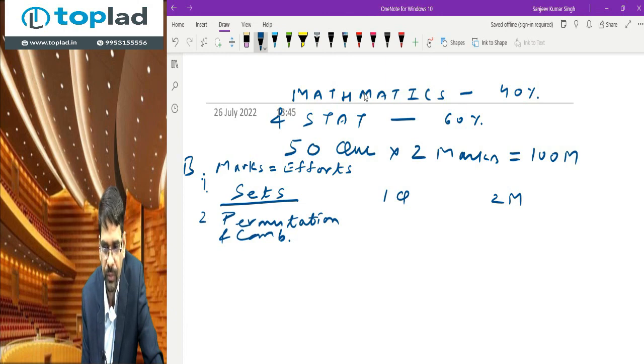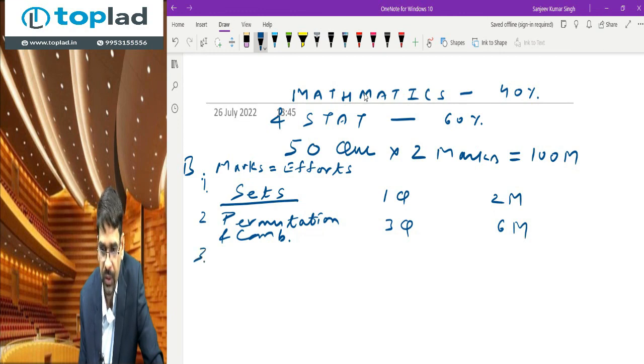From this chapter, our institute asks around 3 questions, which means 6 marks.